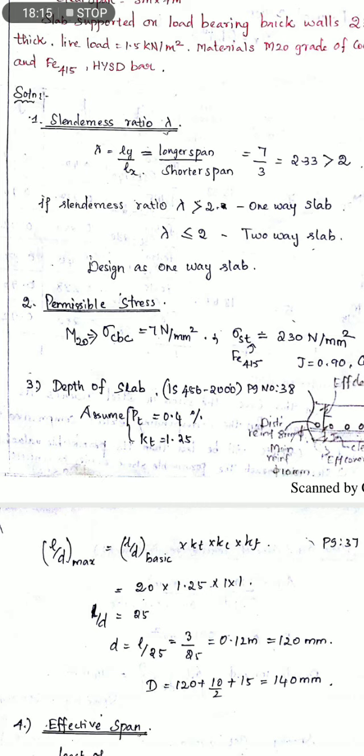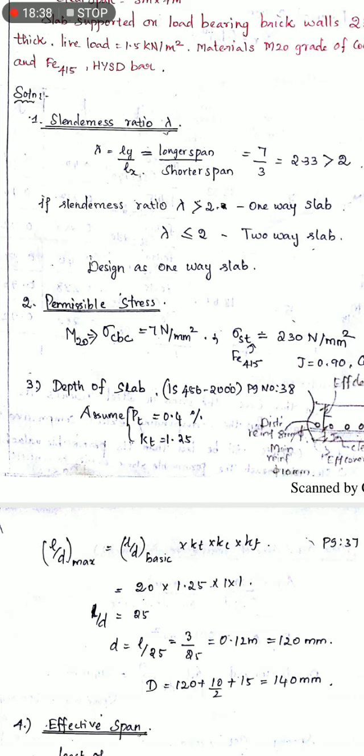As per IS 456 2000, the minimum percentage of reinforcement is 0.12 percent. But here we assumed that pt equals 0.4 percent, and the corresponding kt equals 1.25.